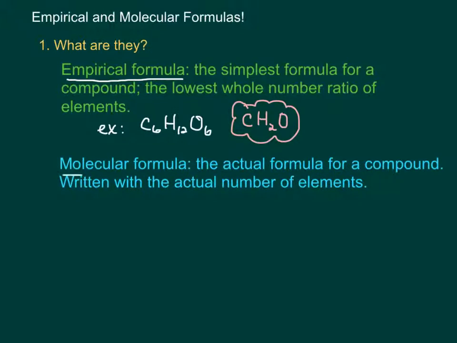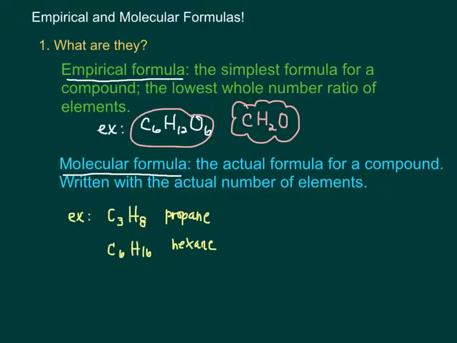So a molecular formula is the actual formula for a compound. It's not written in its lowest whole number ratio, it's what's actually in the compound. So another example, you have two compounds here, propane, which you burn to make burgers in the summer in your grill, and then another common organic compound, hexane.